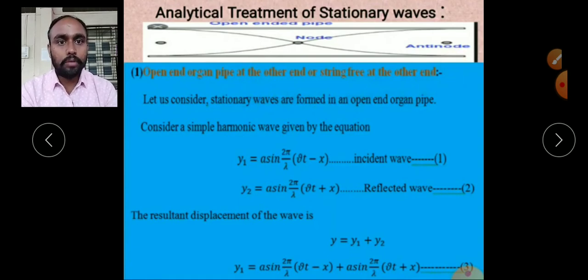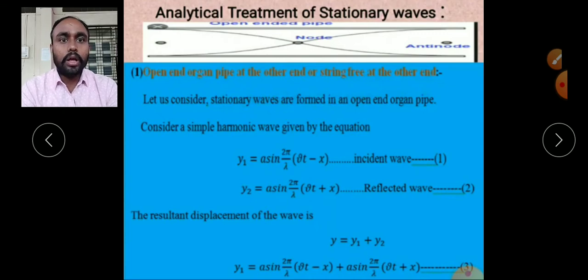The first case, the first particular pattern we have to look into, is the open end organ pipe, meaning both the ends are open, or we can consider this as a string free at the other end. That means the string also can generate stationary waves, but let us consider both ends open, or you can consider an open end organ pipe. This is an organ pipe, like a flute, which is open at both the ends.